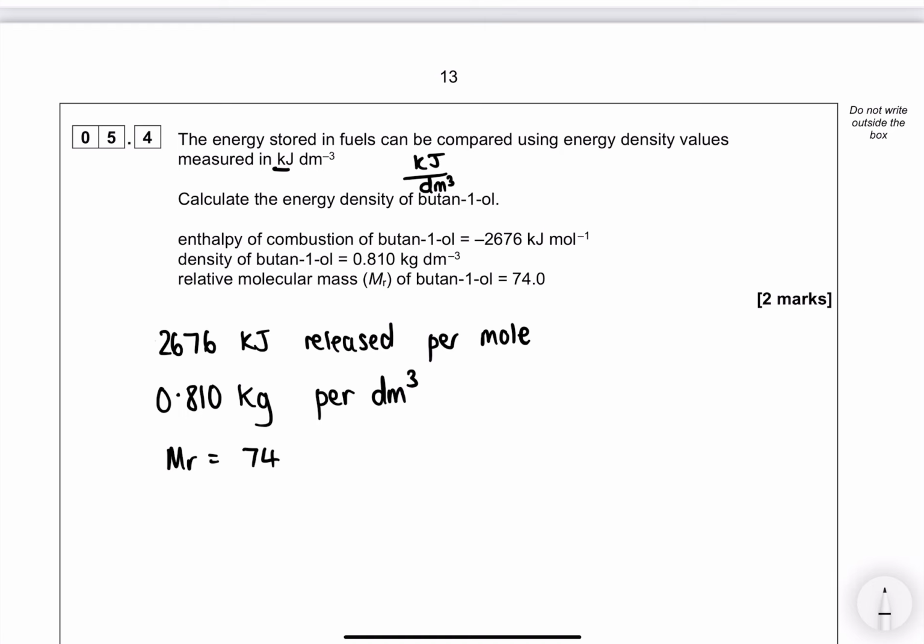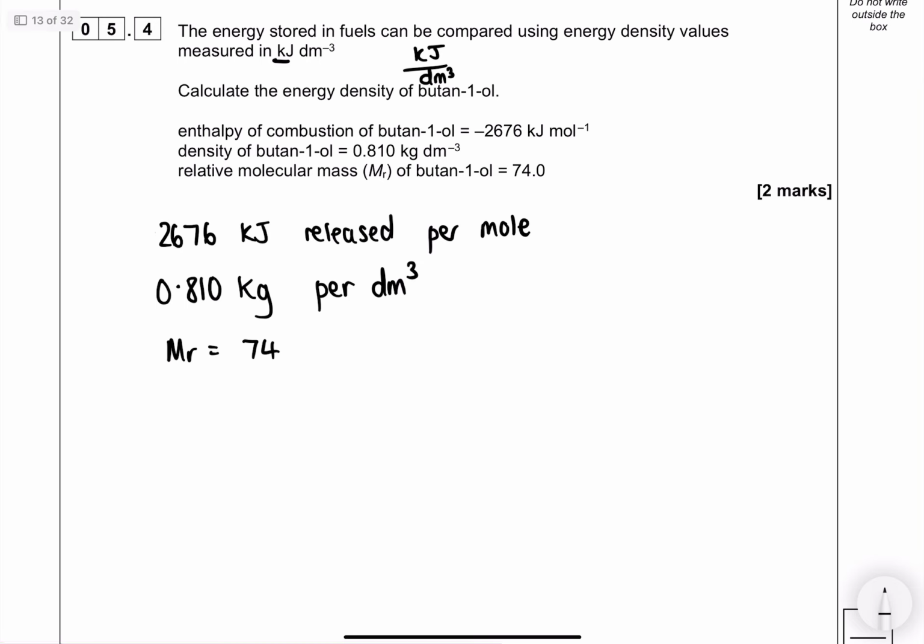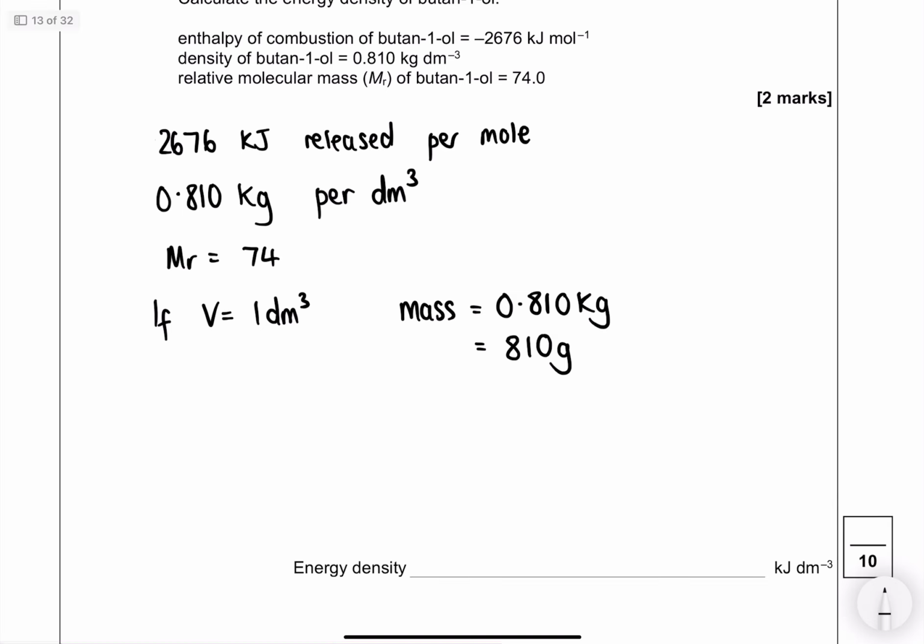So how would we find out how much butanol we've got? For example, the easiest thing might be to say 1 decimeter cubed, because we want to find out how many kilojoules per decimeter cubed we've got. So if V equals 1 decimeter cubed, then the mass would be 0.810 kilograms. But if we want to use the Mr, we need to turn that into grams, so 810 grams.